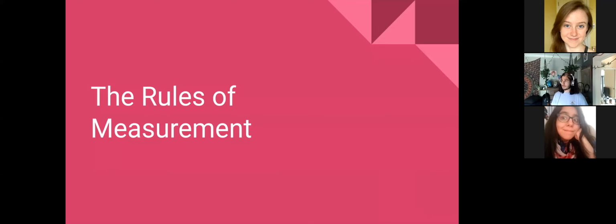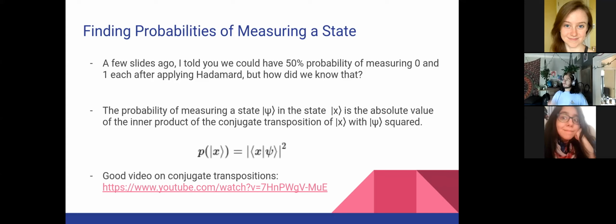So now we can talk a little about measurement and how we can use that in representation of our states. Like I said a few slides ago, I told you we could have a 50% probability of measuring 0 and 1 each after applying the Hadamard, but it wasn't really clear how we did that, right?